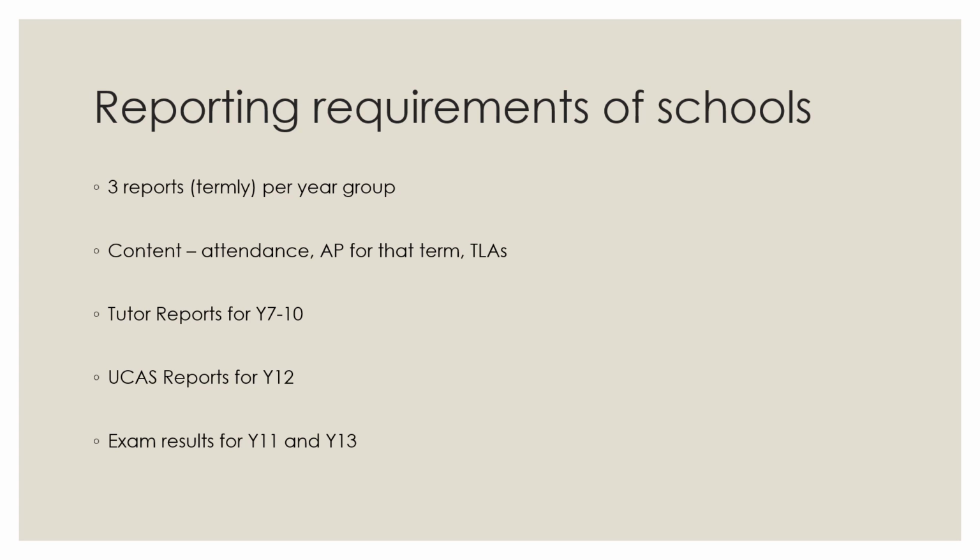And then for each assessment point in terms of the grading, they also have a number of TLAs. Those are different learning attributes. So we assess learning at home, learning in lessons, and organisational skills.